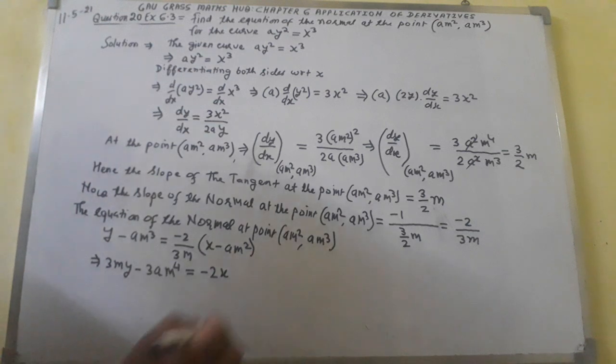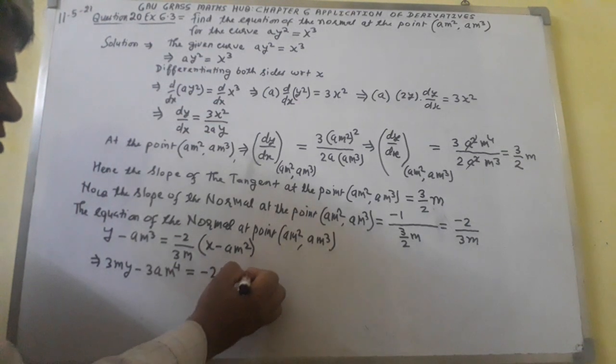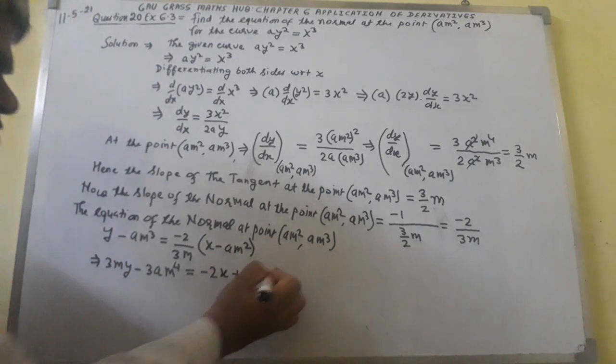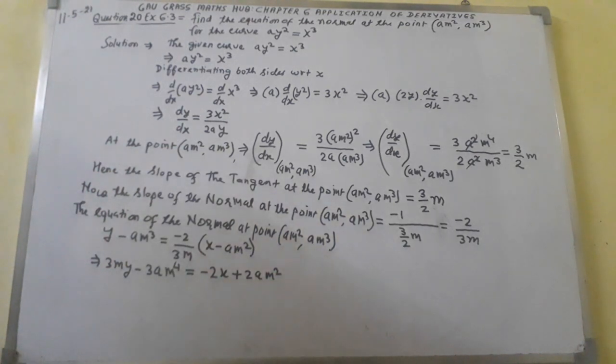Minus minus will multiply to plus, so here you get 2am². This thing we got.